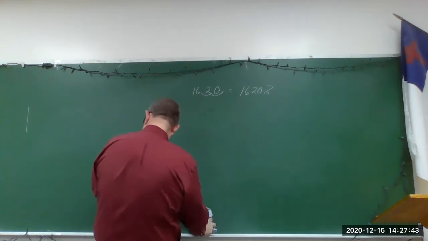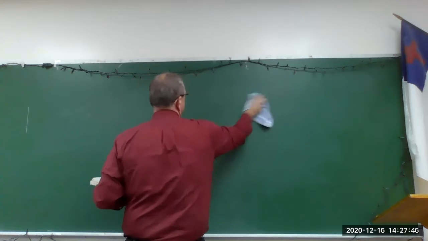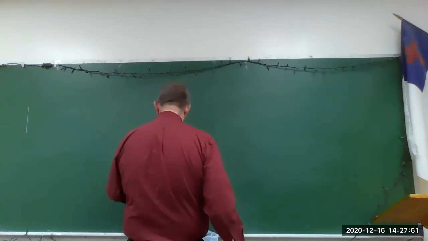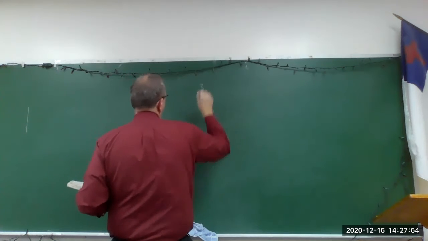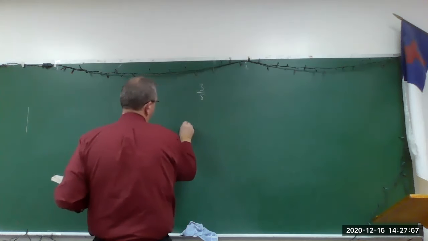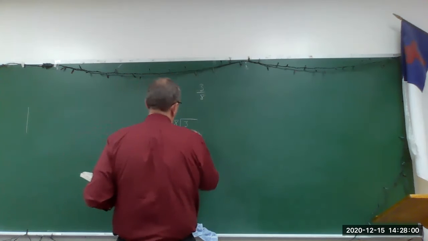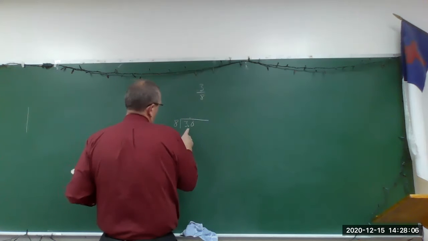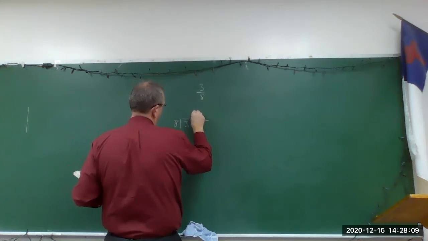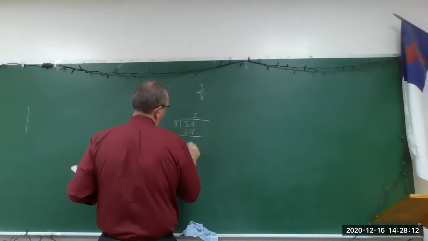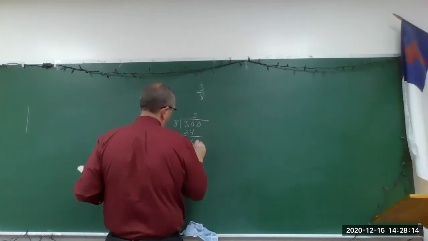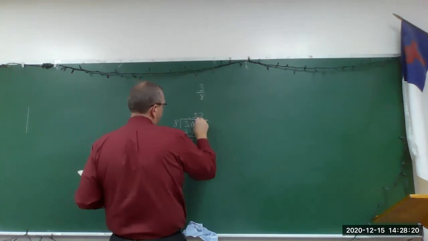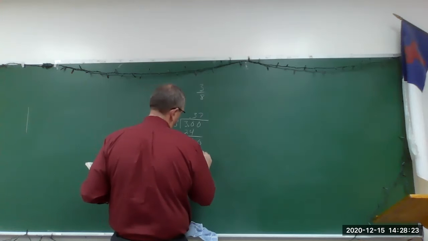And then the last one is 3/8. Again, you're going to take the 3 and divide by 8. 8 goes into 30 three times, so 24, that's 6, add a 0 there. 8 goes into 60 seven times, 56, that gives you 4.